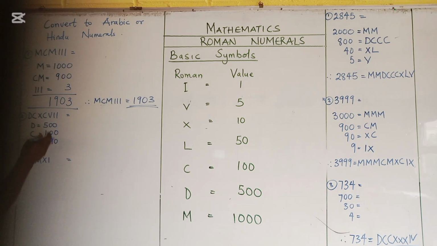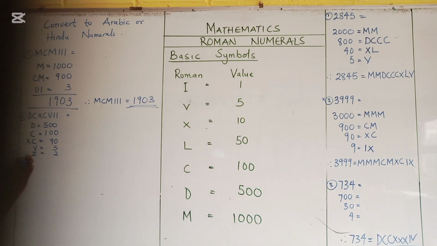Please arrange your numbers very well. Remember, place value is what we are using. Now this one is V. Take your V. Check the next one. Is the next one bigger than the V? No. Write your 5. And the next one is I, and it is I again, so we can pick two of them together. That is II, and that gives us 2.